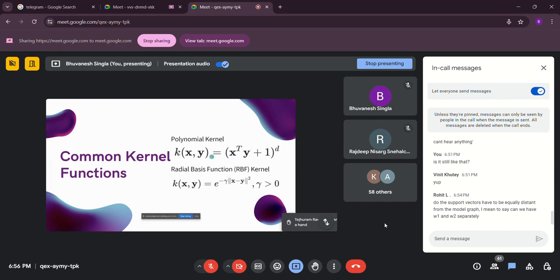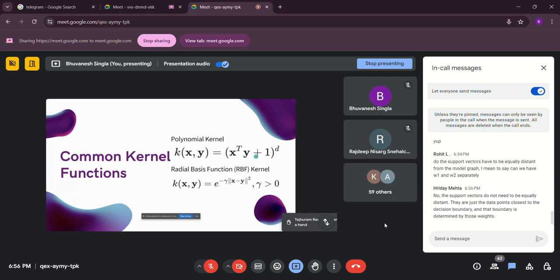So the polynomial kernel is this: k of x, y equal to (x transpose y plus 1) the whole raised to d. So this would give us the distance or the similarity between two data points in a higher dimension. Like this would calculate that value directly for us rather than manually converting x to a higher dimension, y to a higher dimension, and then calculating the distance or that similarity.